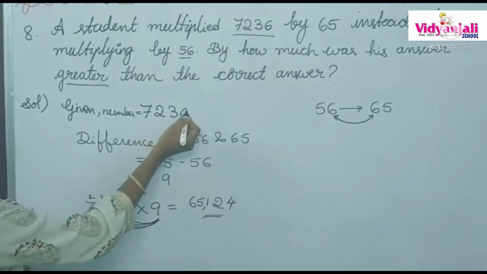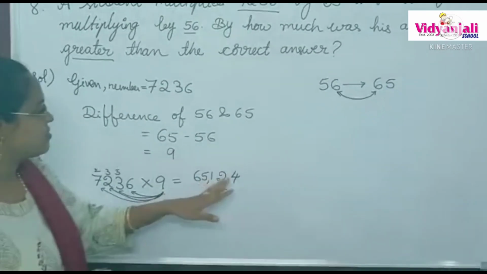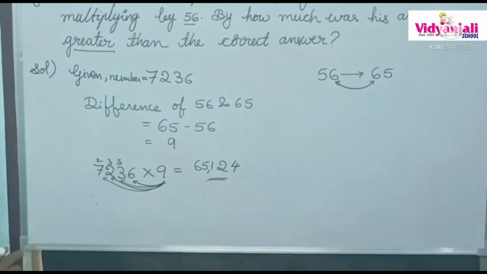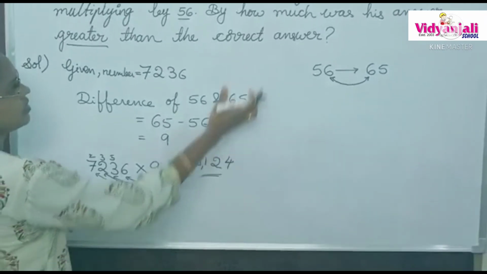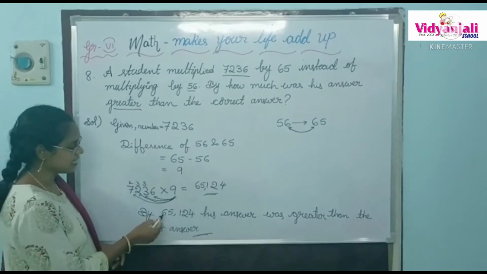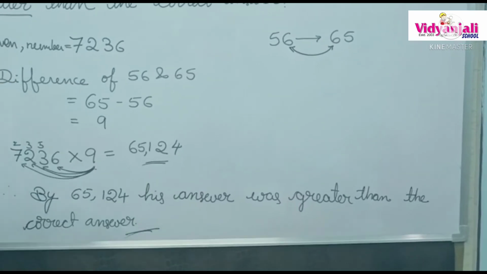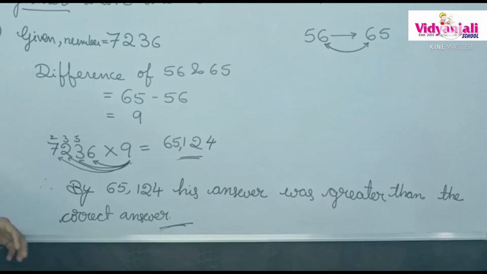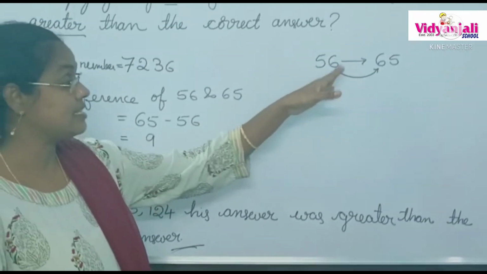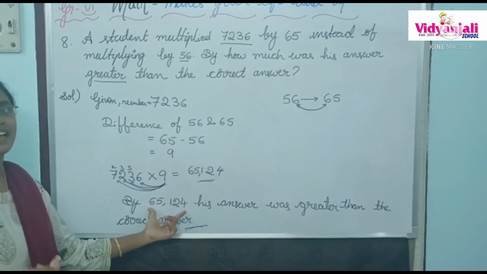If you multiply the given number with 9, the answer is 65,124. So we conclude: therefore, by 65,124, his answer was greater than the correct answer. Is it clear, children? Because instead of 56 he took 65, we got this much greater number than the correct answer.